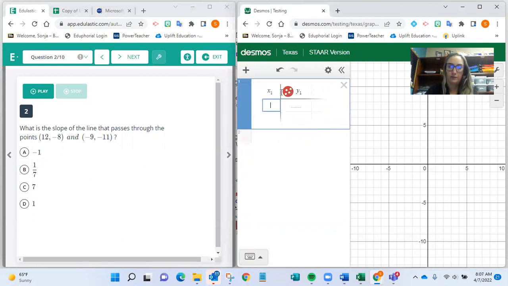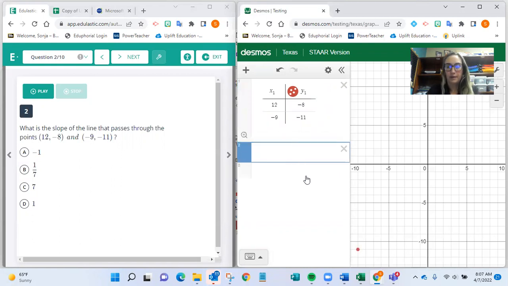So here I have x1 and y1. So I'm going to put my x value of the ordered pair and my y value of the ordered pair into my table. And then -9, -11. On a separate line, I'm going to do y equals mx plus b, but I need to tell Desmos that I want this equation to match this table.